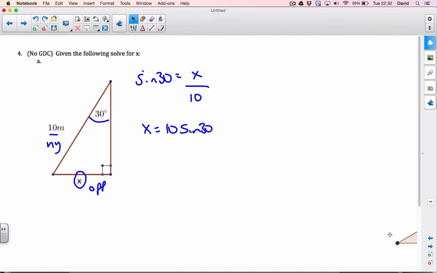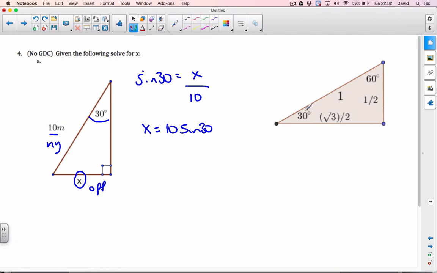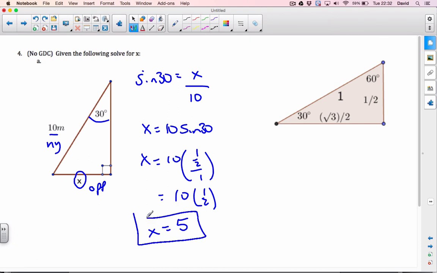But I can use my special triangle. I know that sine is opposite over hypotenuse, so the sine of 30 is 1/2 over 1, which is 1/2. 10 times 1/2 is 5. And so x here is 5.